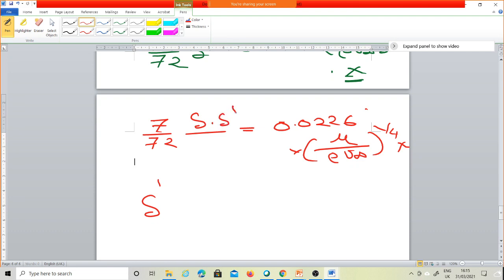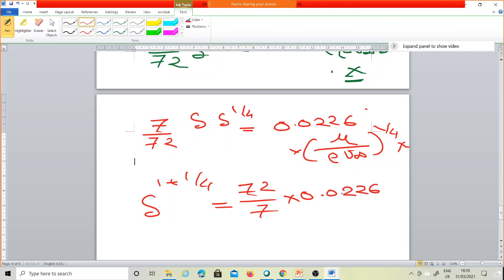So it should be delta to the power 1 by 4. Maybe I made a mistake, so please readjust the things. So 1 by 4, and then we have the 72 by 7, and then multiplied by 0.0226. So how much does it become? 72 times 0.0226 divided by 7.